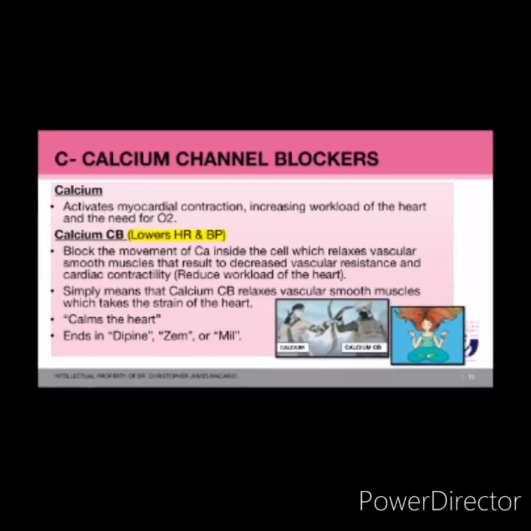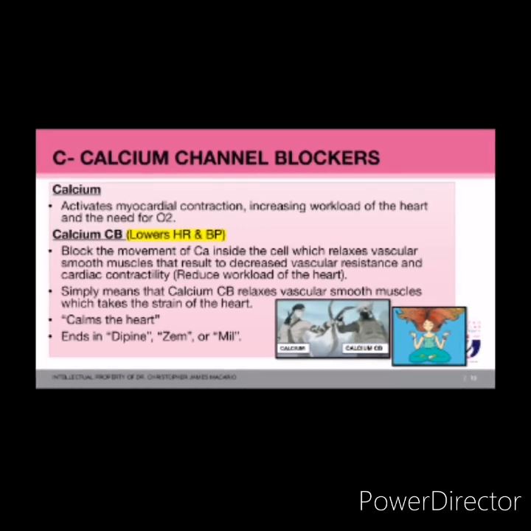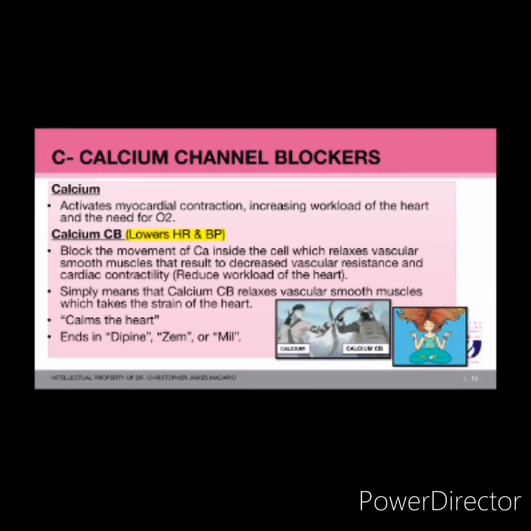And by doing so, it takes the strain off the heart. Yung pagod niya nawawala. Okay? It simply means that calcium channel blockers relax vascular smooth muscles, yung puso mo, yung heart, which takes the strain off the heart or calms the heart.